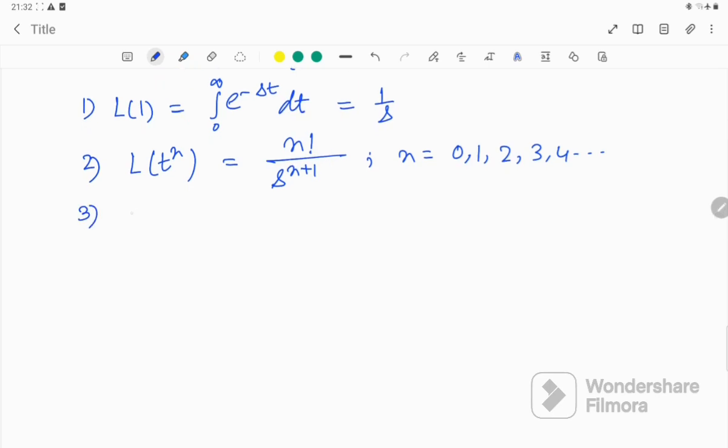If we have function like e to the power at, then we can get the result like 1 by s minus a. Laplace transformation of sin at, say, will produce result like this.